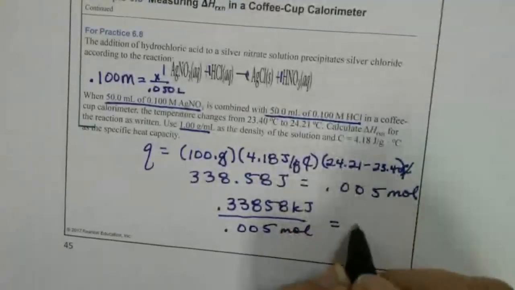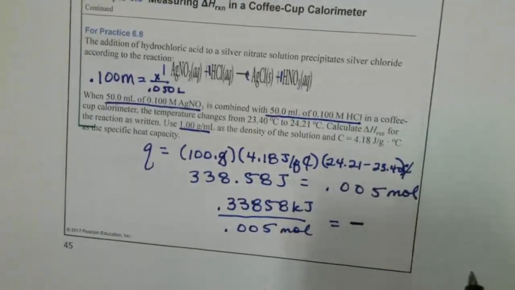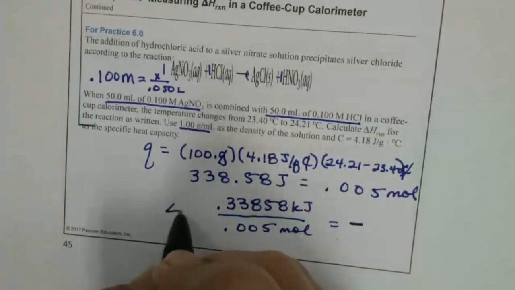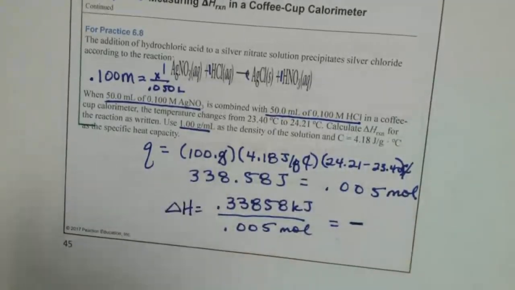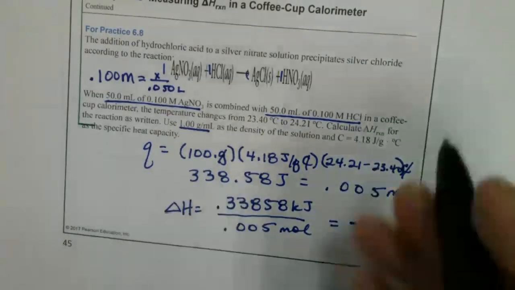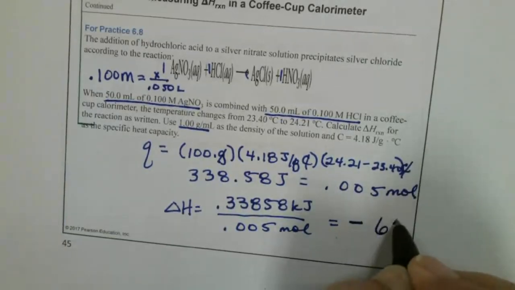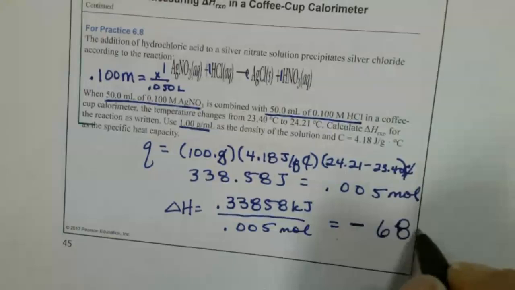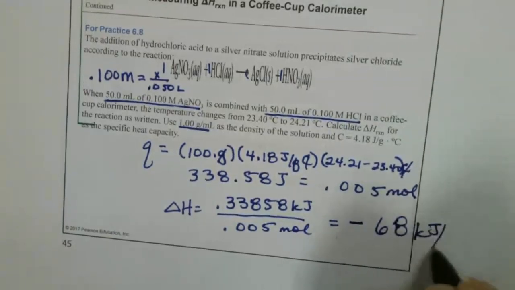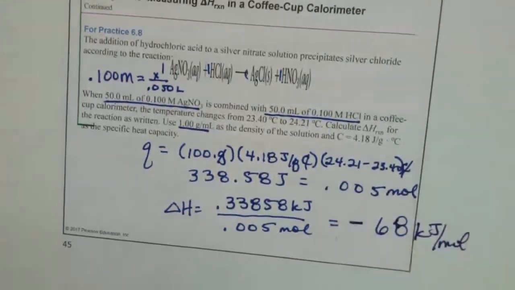I know that it's giving off heat, so it's going to be a negative delta H value. So somewhere around 68 kilojoules per mole. Hope that helps.